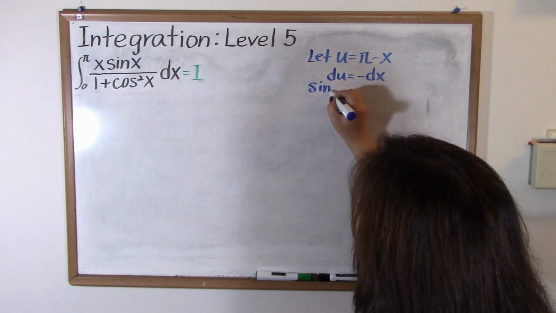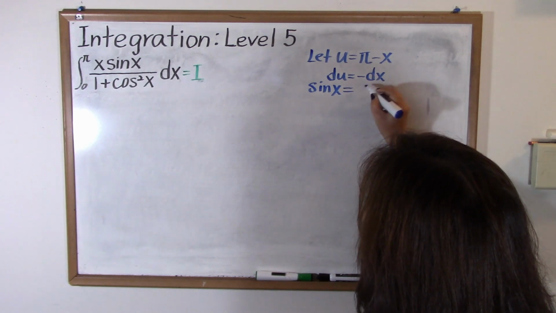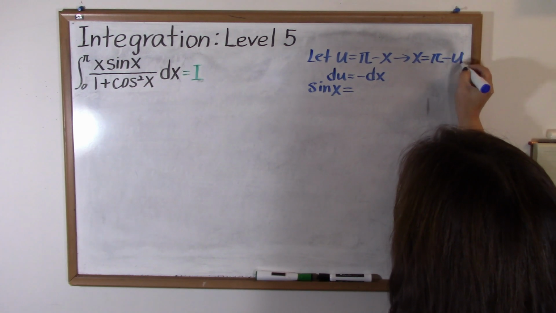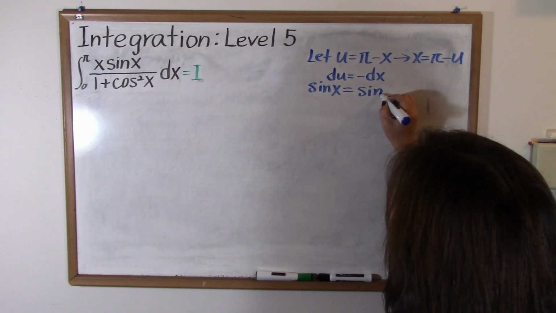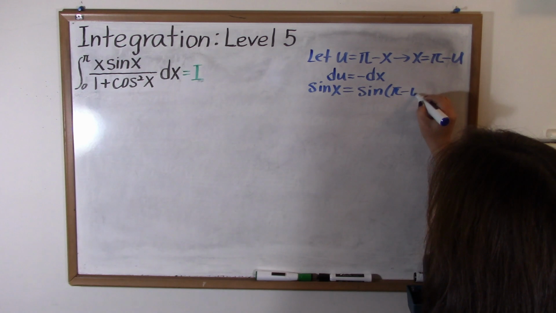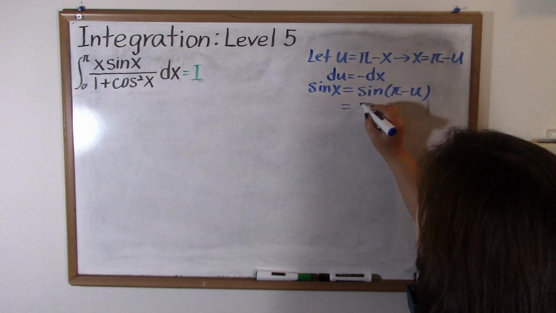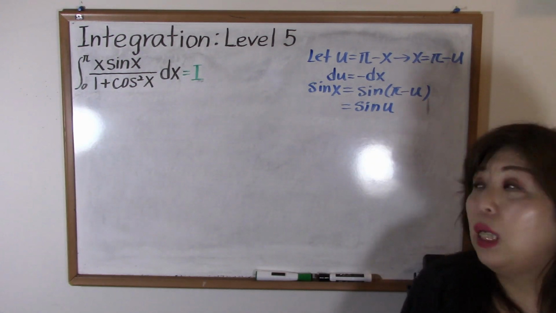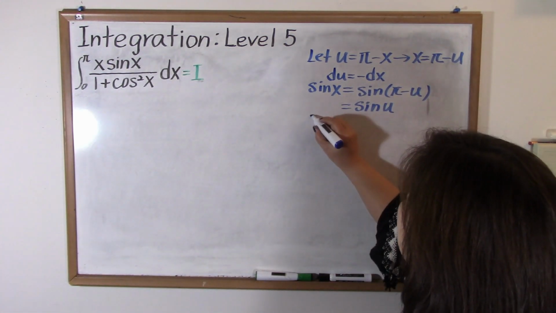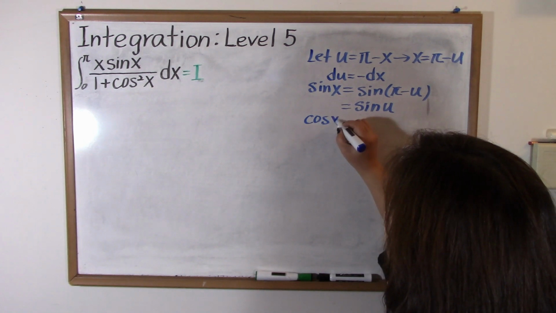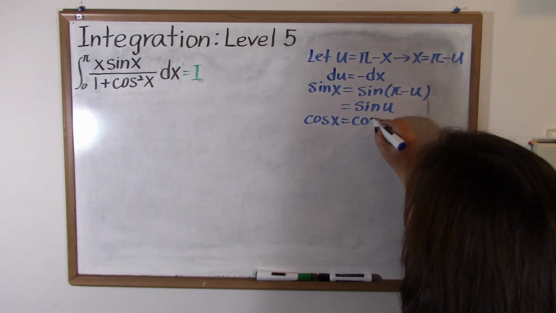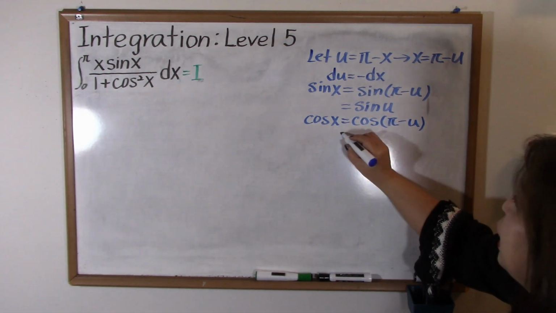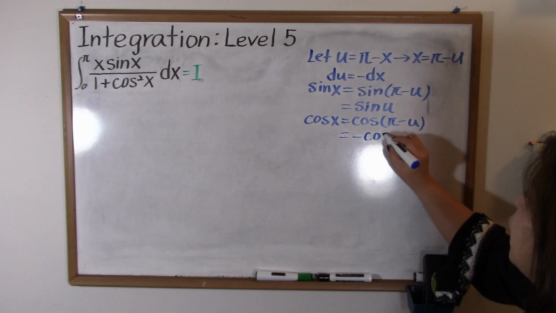So x is equal to pi minus u. So sine of pi minus u is equal to sine of u. Okay? So next one, cosine x. Cosine of x is equal to cosine of pi minus u is equal to negative cosine of u.